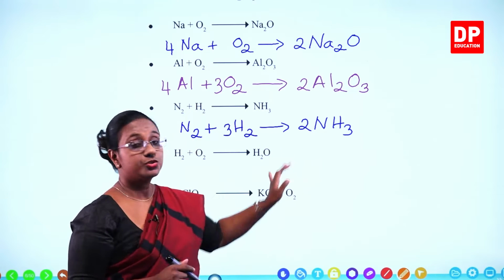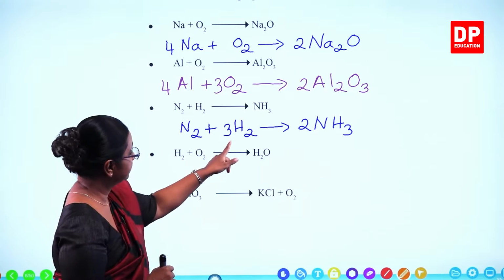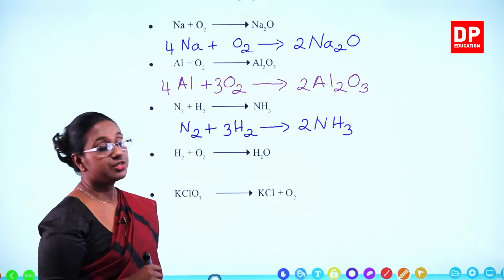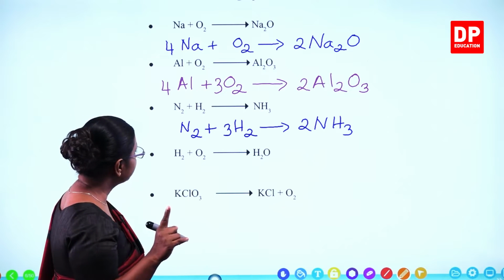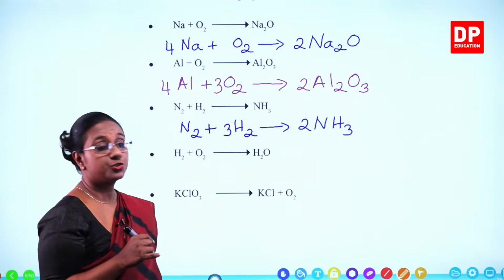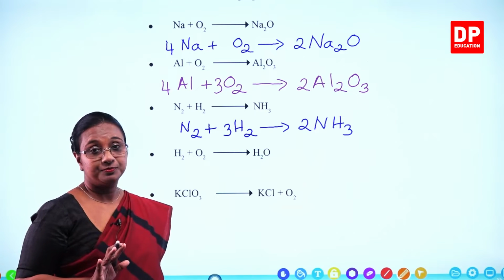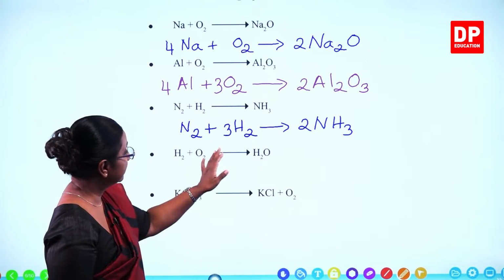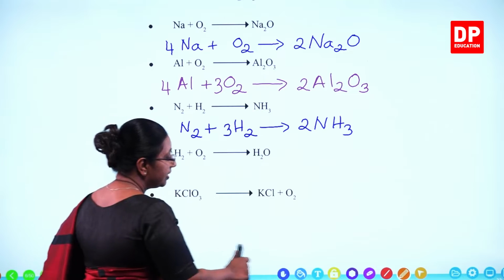So, that is also balanced. N2 plus 3H2 giving rise to 2NH3. 1 nitrogen molecule, 3 hydrogen molecules giving rise to 2 ammonia molecules. Is that clear? So that is the balanced chemical equation. Then the next one.